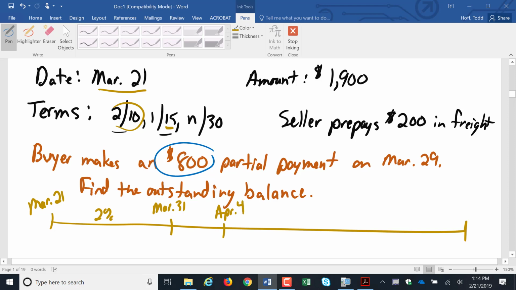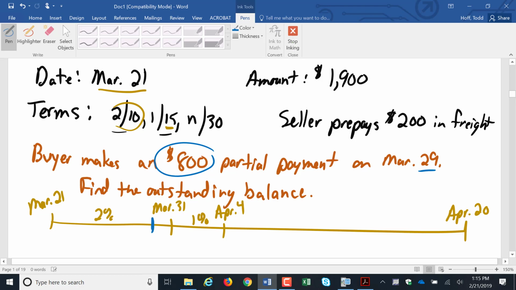Between March 31st, after the 2% discount has expired, and April 4th, you can still get a 1% discount if you pay in that window. Then, of course, we're going to April 20th for the net 30, the end of the credit period. So this partial payment is made on the 29th.